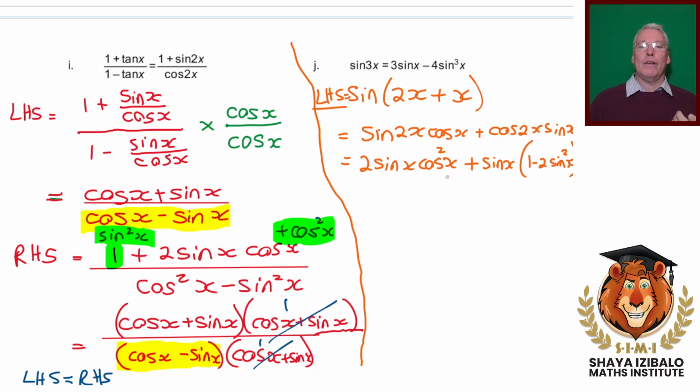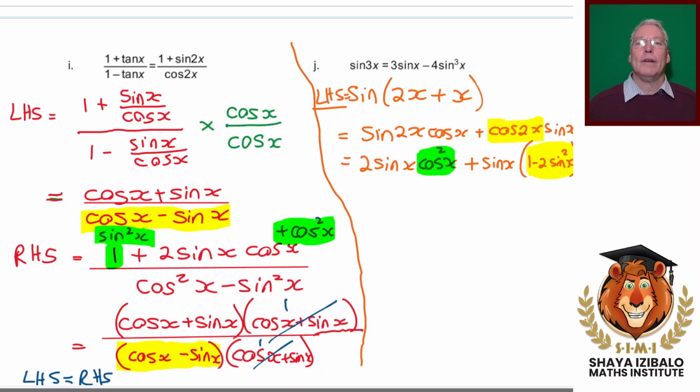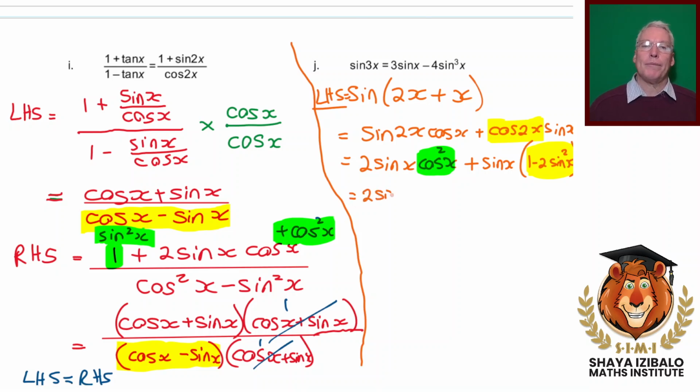How can we replace cos squareds? Cos squareds are the same as 1 minus sine squareds. Just to emphasize what we've done, that yellow stuff became that yellow stuff. This cos squared x, we're going to replace with 1 minus sine squared x. So watch what we get: 2 sin x times (1 minus sine squared x).